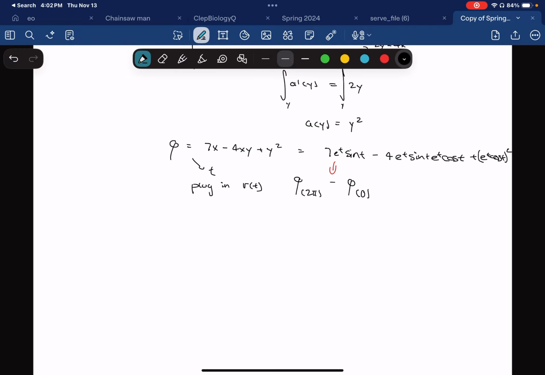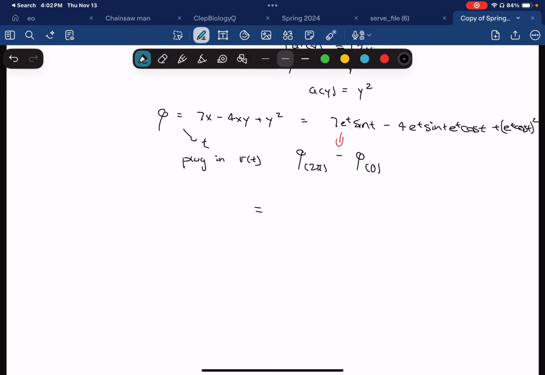So when you plug that in, you get 7e to the 2 pi sine of 2 pi. So this already is a 0, minus 4e to the 2 pi sine of 2 pi again. So that's another 0.